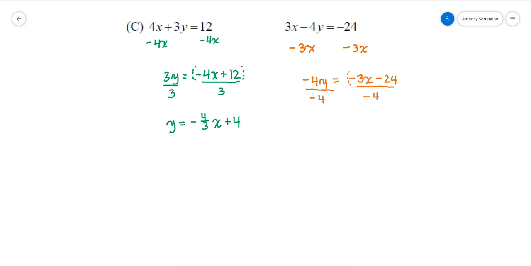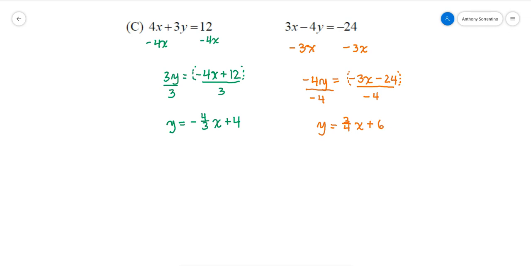Again, recognizing that there are two terms up here, I do have to distribute that division of negative 4. And over here I'd have y equals negative 3 divided by negative 4 is a positive 3/4 x, negative 24 divided by negative 4 is a plus 6.